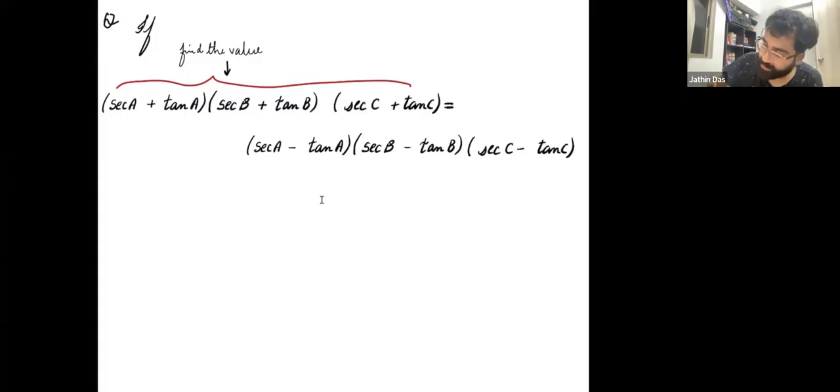What I'll do is I'll take the entire left hand side as x. So x is equal to... now, can I write this as 1 by this?